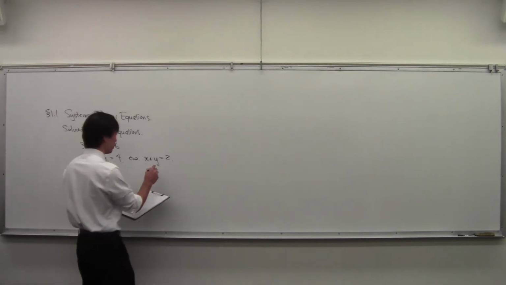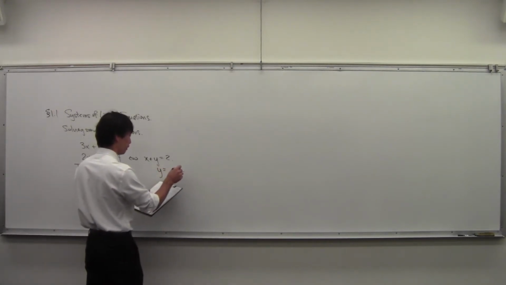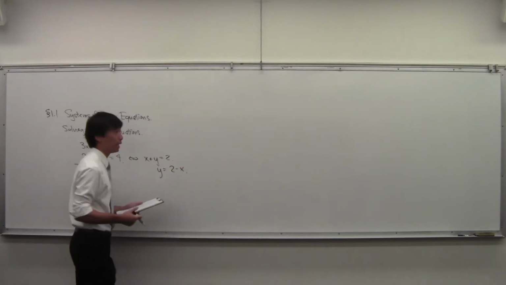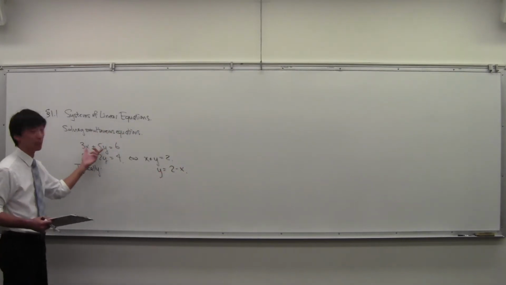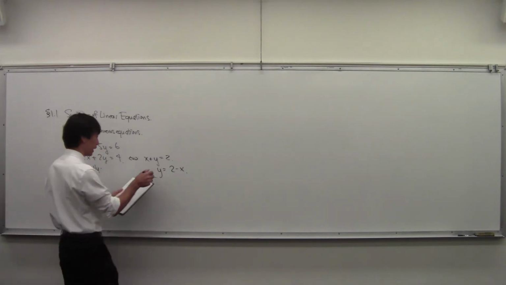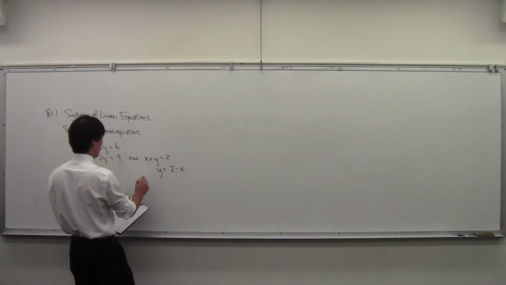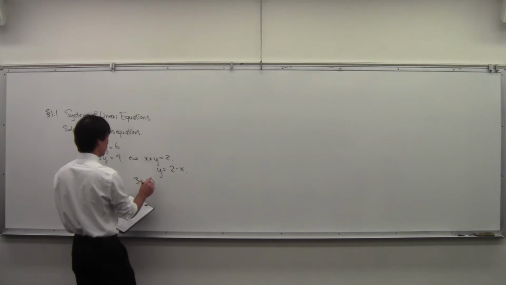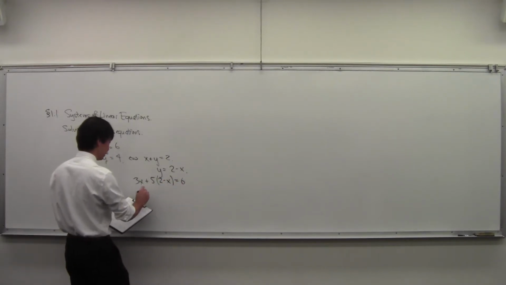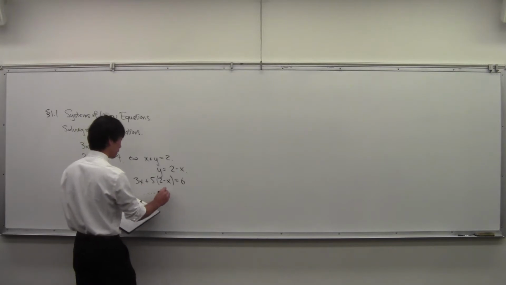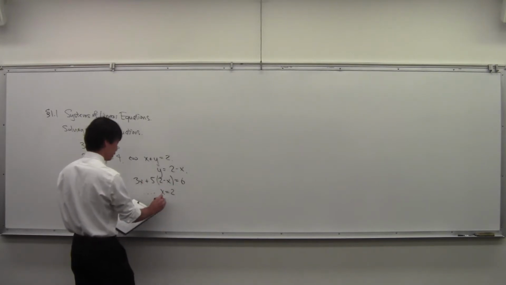You say, okay, I'm going to solve for y: my y has to be 2 minus x. And then I plug that back in, and you get 3x plus 5 times (2 minus x) is equal to 6. And so you get that x is equal to 2, and then y is equal to 0.